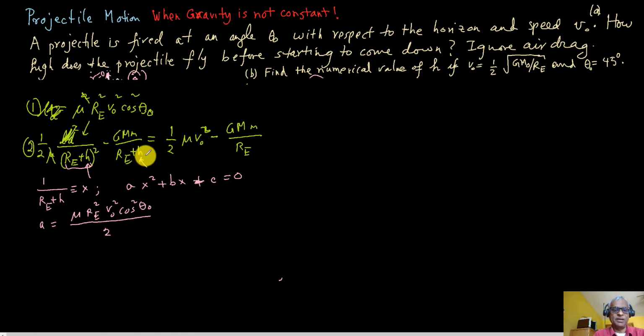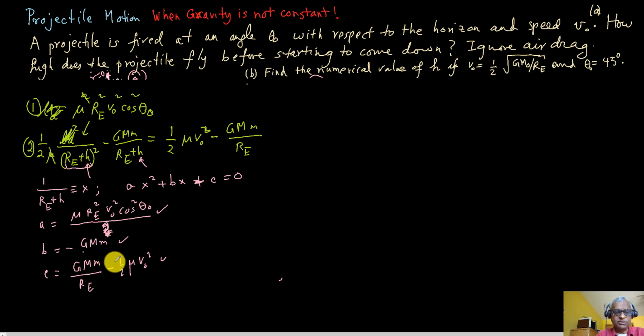So that's A. And what's B? B is minus GMm, that's B. And what's C? C is this whole thing that came on the other side, half mu V0 squared. That's 2 down there, not a square.